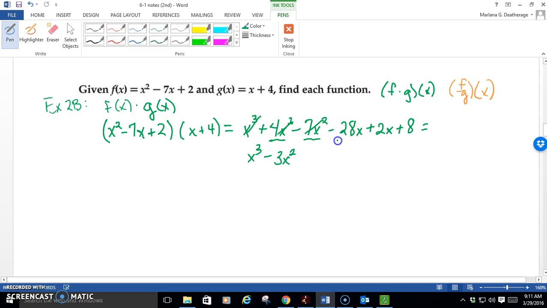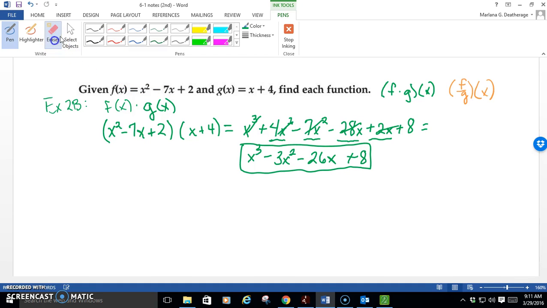Then we have a negative 28x and a positive 2x. What would that be when you combine them? Negative 26x, good. And then we just have the 8 by itself. So that's how you multiply.